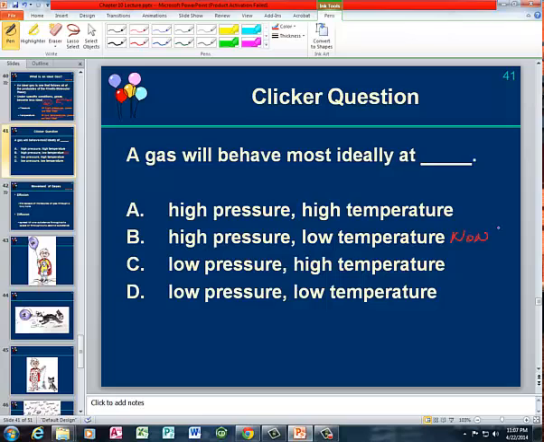And by the way, non-ideal is known as real gas behavior. So non-ideal means real gas behavior. Ideal gas behavior happens under low pressure and high temperature, and that's just the way you normally think that gases work. So real gas, high pressure, low temperature. Ideal gas, low pressure, high temperature.